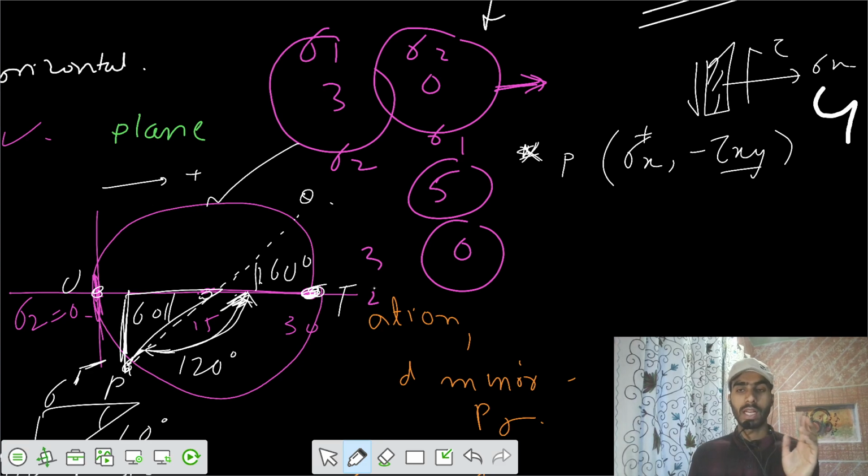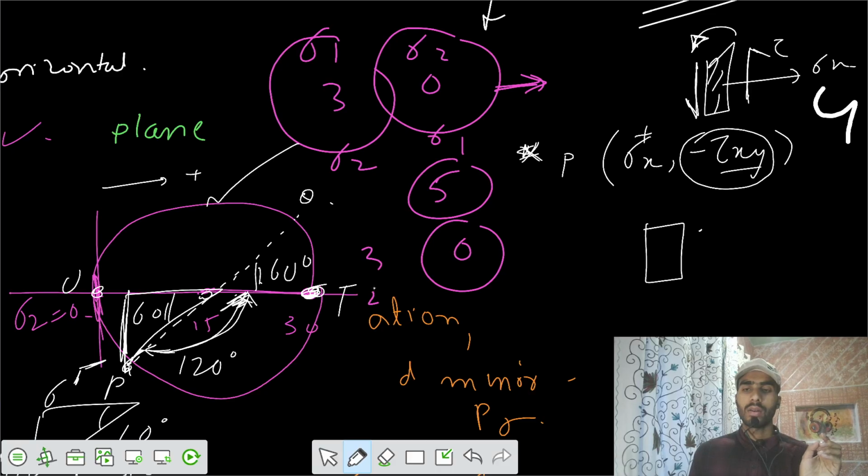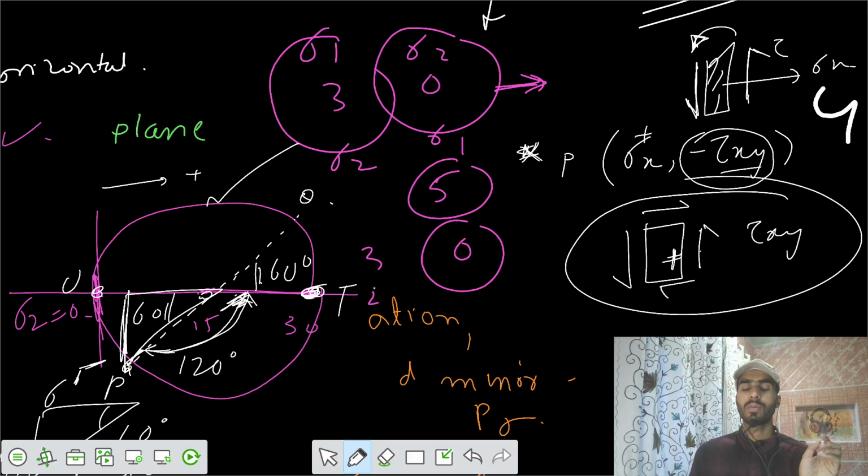There are two different sign conventions. One is that negative tau xy here on the Mohr's circle means the direction of the shear stress on this plane is anti-clockwise. And the next sign convention, for the real shear stress, is that if the shear stress is such that we have this configuration, I would say the shear stress is positive.